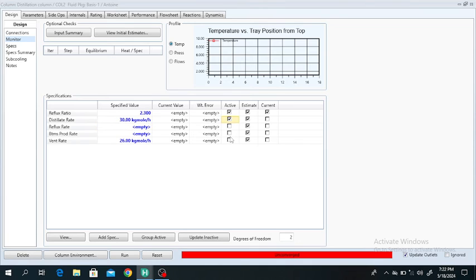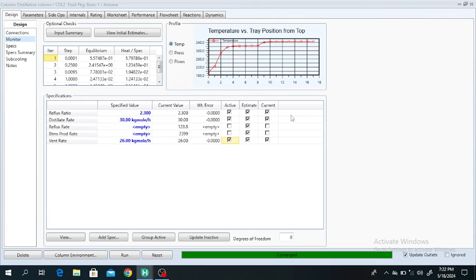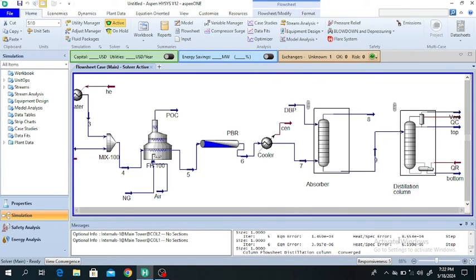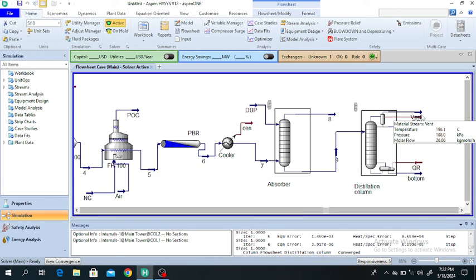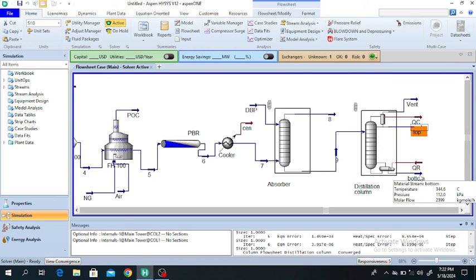Now activate this one, so it is converged. Now close this one. This is converged: vent, top, bottom.